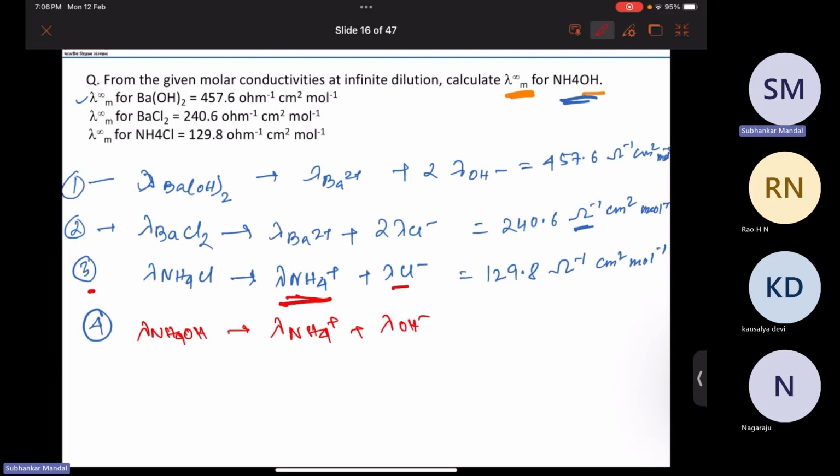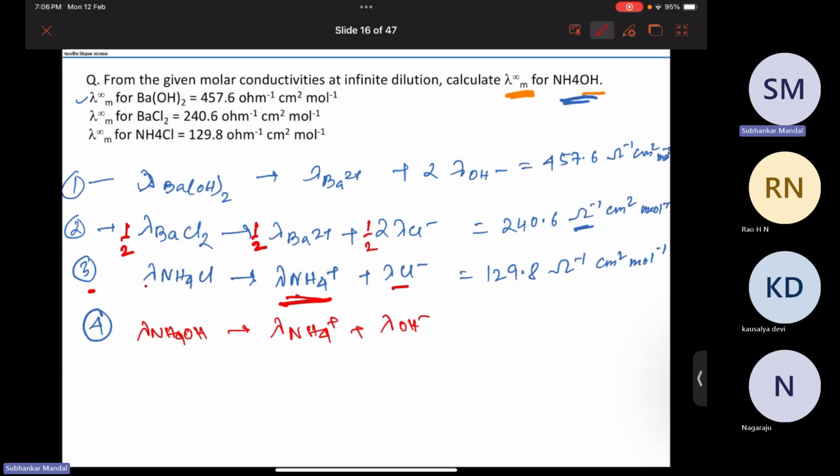Cl minus is in equation 2, which I want to subtract. Since there is a 2 there, I can divide that equation by 2, then it will be Cl minus.